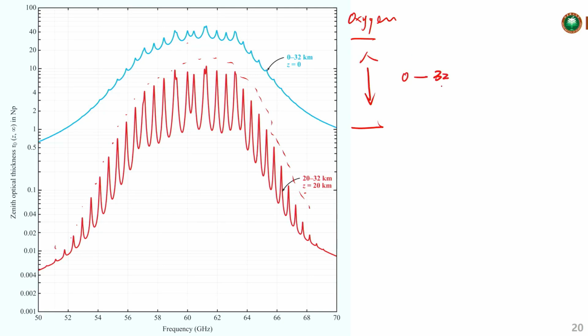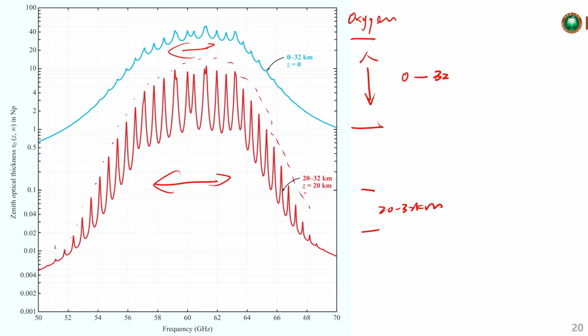This one is just a smaller height range, 20 to 32. But if we want to resolve the absorption lines and separate them, we would want to use this condition instead of this condition.